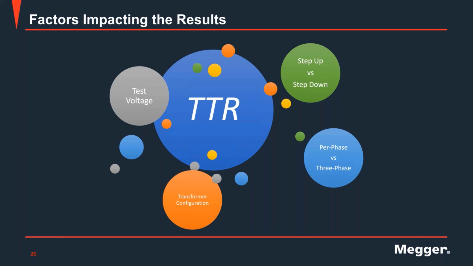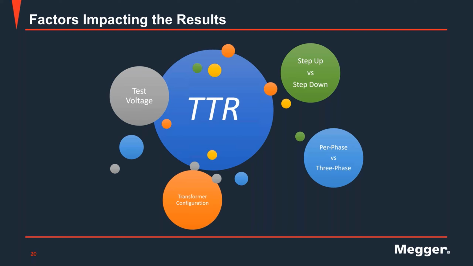We can retest it, sure, but if we are repeatedly getting these numbers outside the limits, then we need to look at: is it my transformer that is failing? Is it my instrument that is not working correctly? Or am I measuring incorrectly? Is it something in the process, the way I'm testing? Am I doing something incorrect?